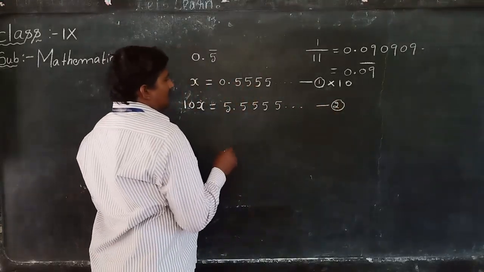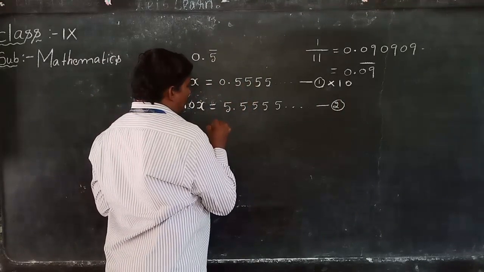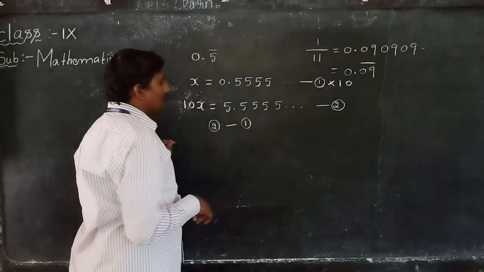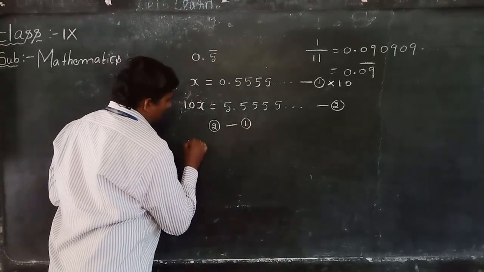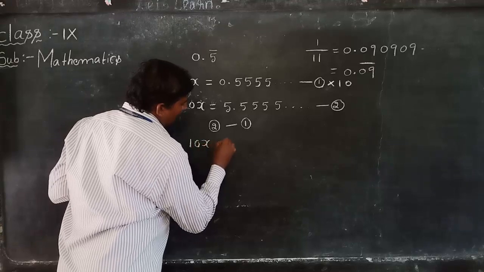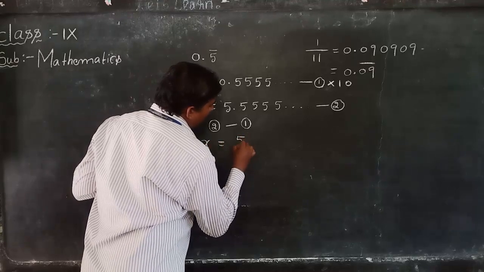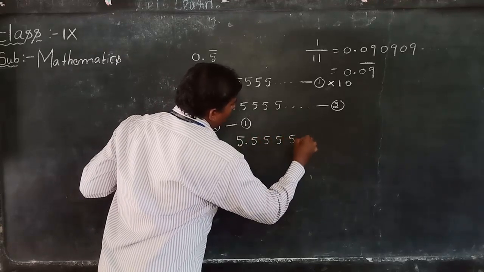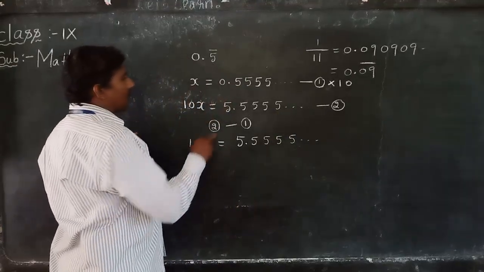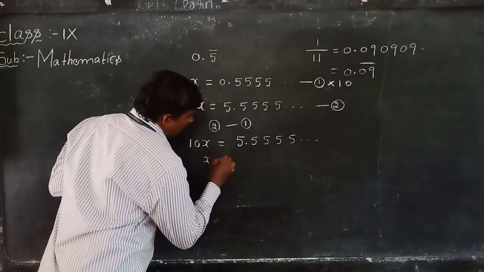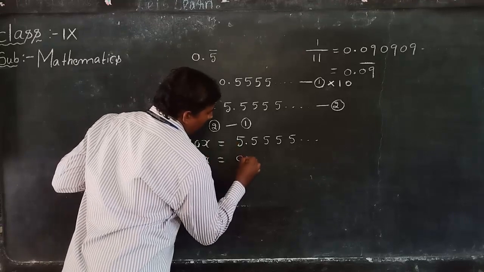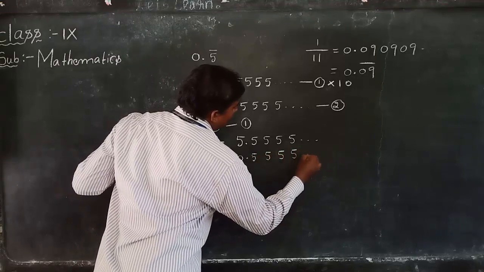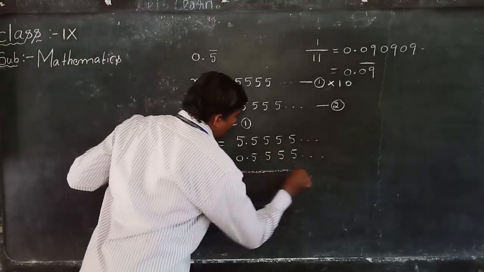We will subtract equation number 1 from equation number 2. 10x is equal to 5.555 and so on, this is equation number 2. Equation number 1, x is equal to 0.555 and so on. We subtract.